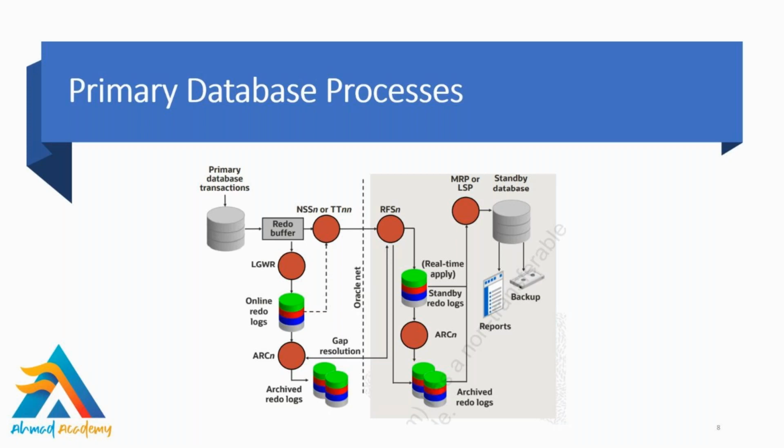When we are using a synchronous standby database, LGWR passes the redo to my NSS process, which ships the redo directly to the remote file server process, which resides on the standby. And LGWR waits for the confirmation from the NSS process before doing the commit. That is the synchronous standby database configuration.